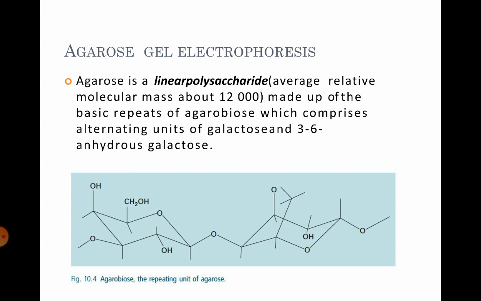First we'll discuss agarose gel electrophoresis. Agarose is a linear polysaccharide, average mass of about 12,000, made up of basic repeats of agarobiose, which comprises alternating units of galactose and 3,6-anhydrogalactose.